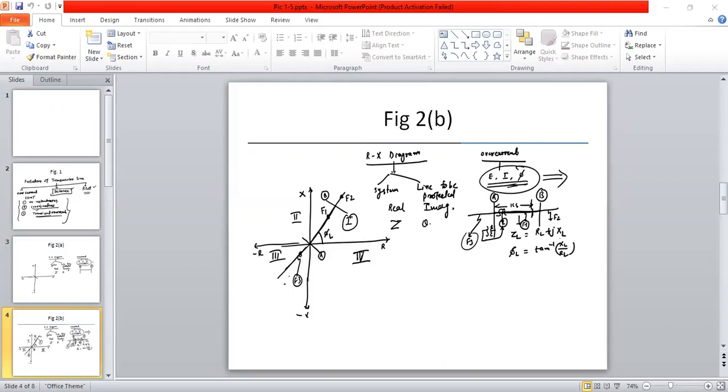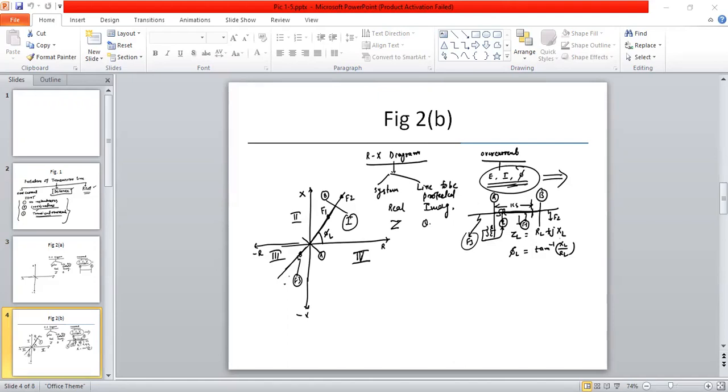Now, the second zone is the time delay zone. So this is your second zone, the time delay zone.